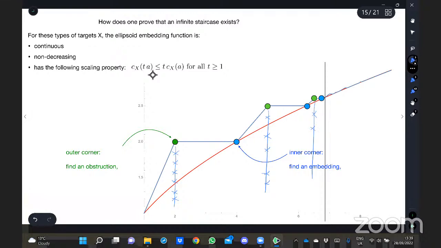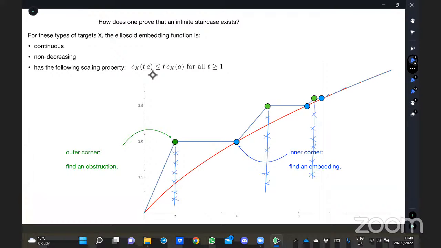So we're finding an obstruction, a geometric reason for why you can't embed those particular ellipsoids into a scaling any smaller than these numbers.